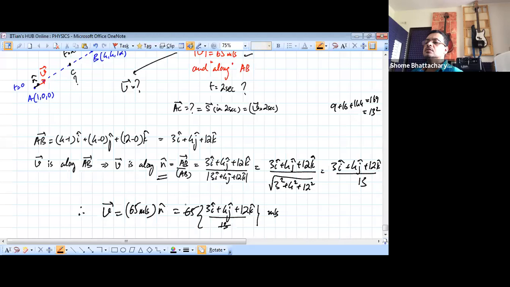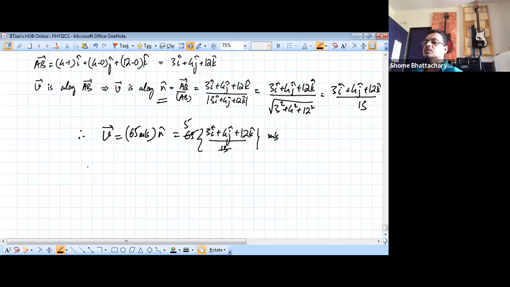So now just do the maths, algebra. So the velocity vector is coming out to be how much? 15 i cap plus 20 j cap plus 60 k cap in meters per second. So now we've got the velocity.